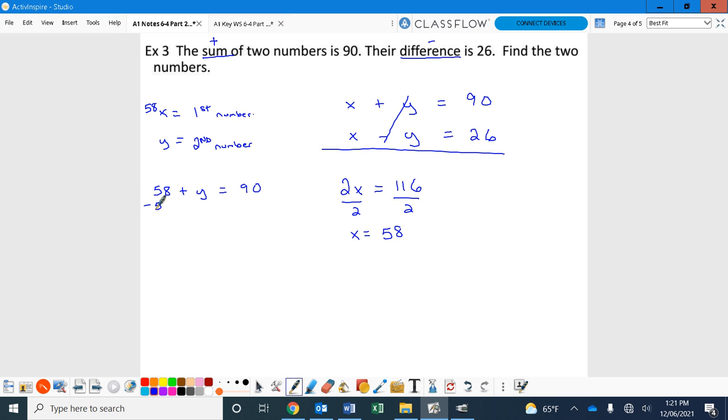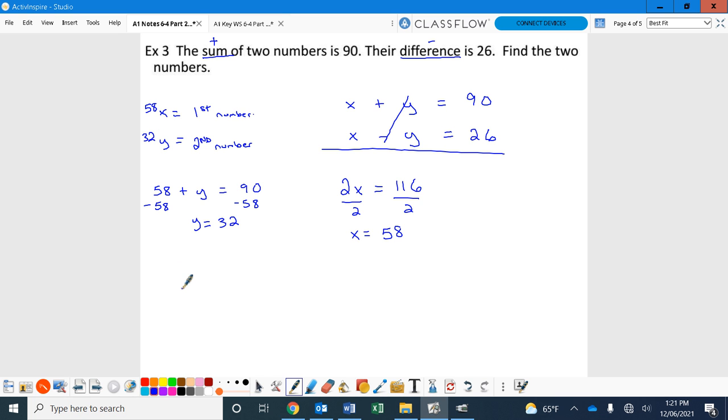Minus 58, minus 58, and y equals, what is it? 32. Put that up here.